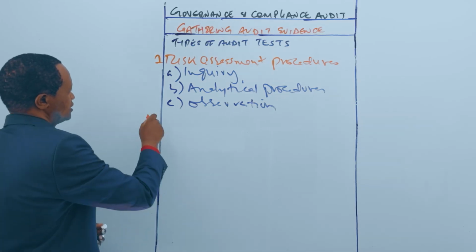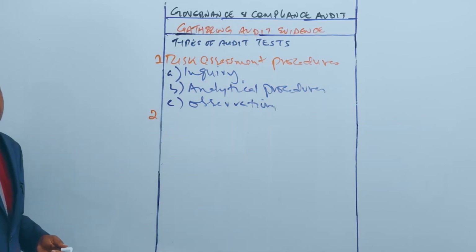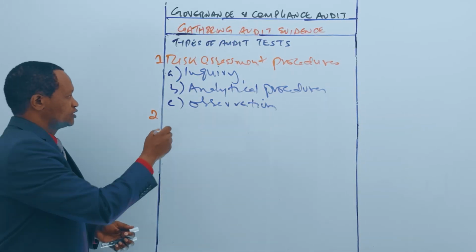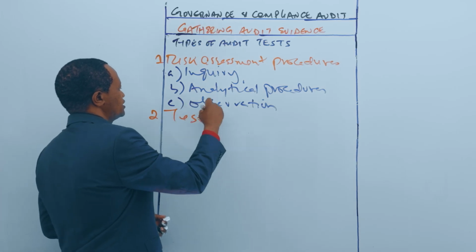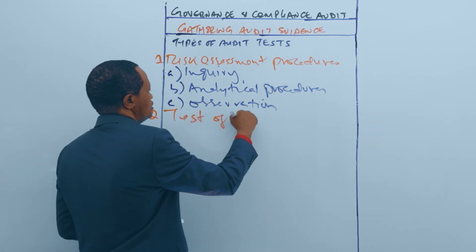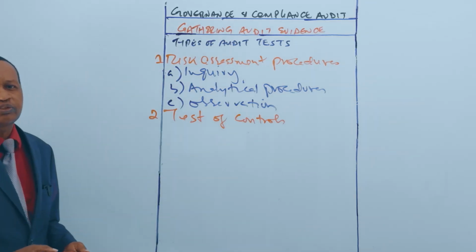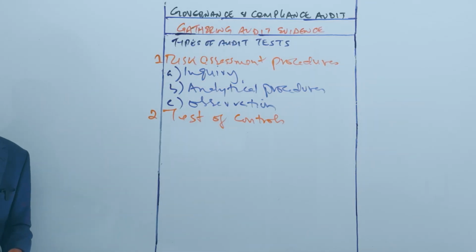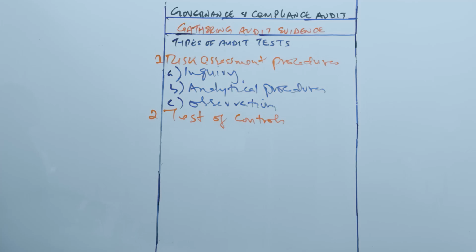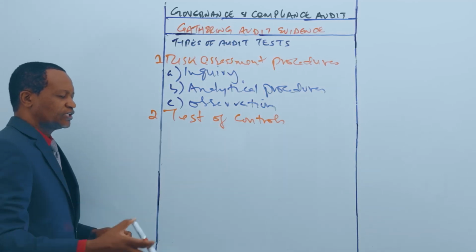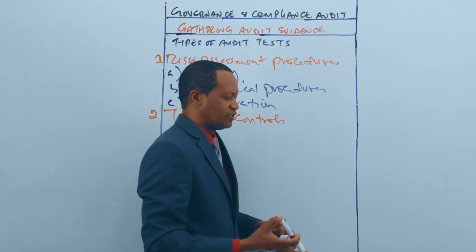The second one is the test of controls. This test determines if the internal control system is functioning as designed. Every organization must have controls.